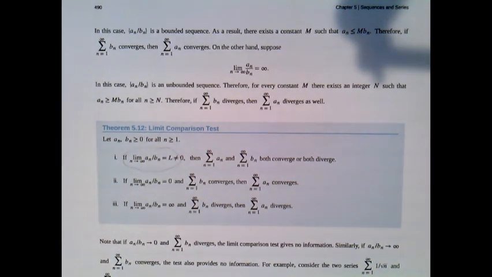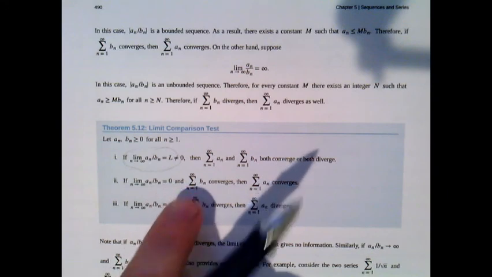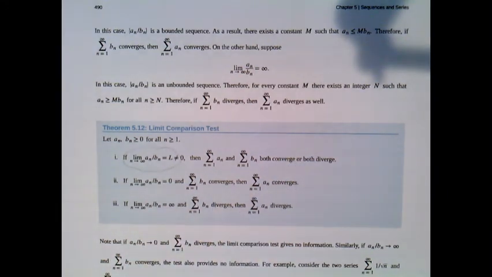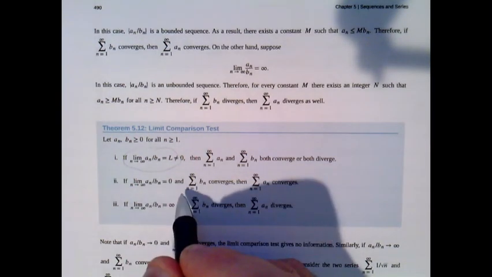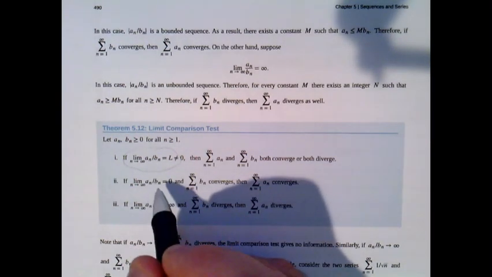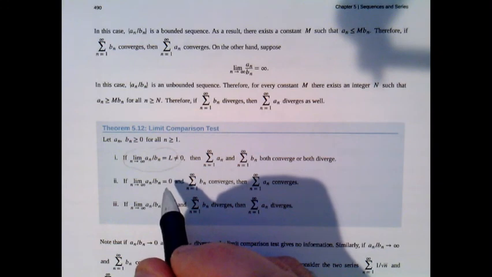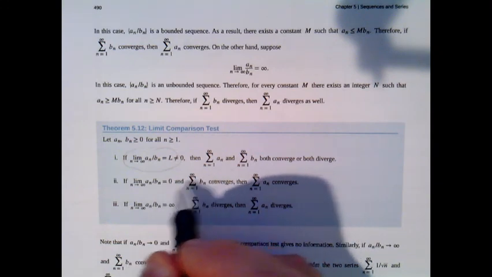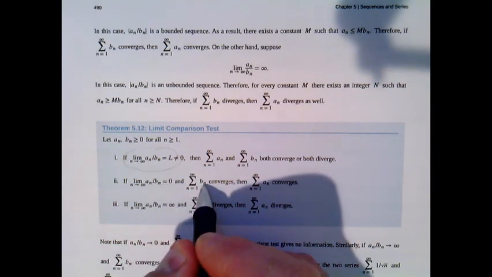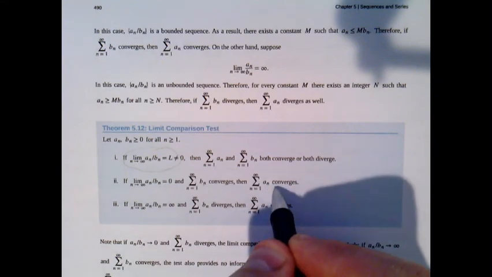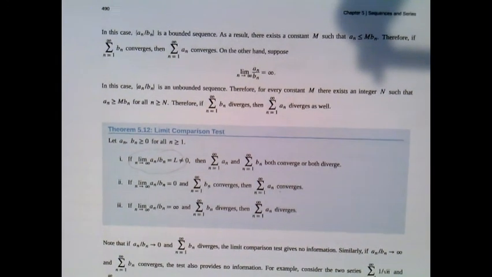In case 2, if our limit turns out to be 0, what that means is the bottom must have grown a lot faster than the top. If the ratio is going to 0, the bottom one must in fact be a lot bigger than the top one. So if the bottom one, the b sub n, converges, we can conclude that the top one converges.